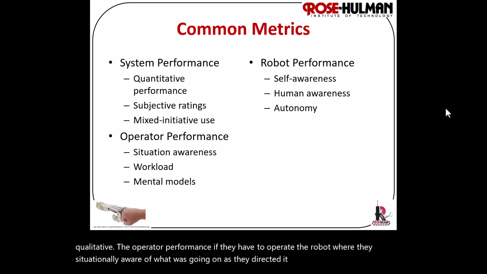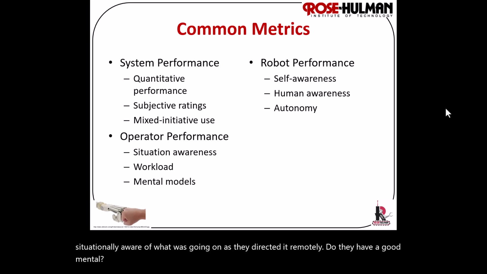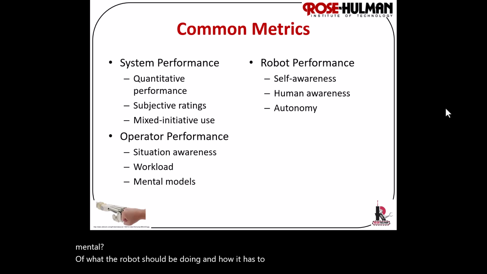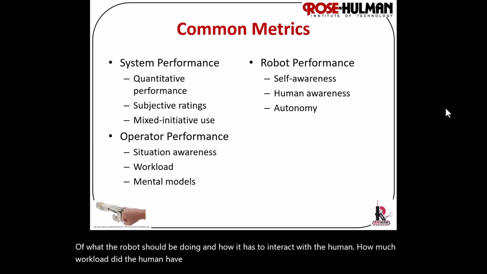Do they have a good mental model of what the robot should be doing and how it has to interact with the human? How much workload did the human have to expend in order to remotely control the robot when interacting with the human?